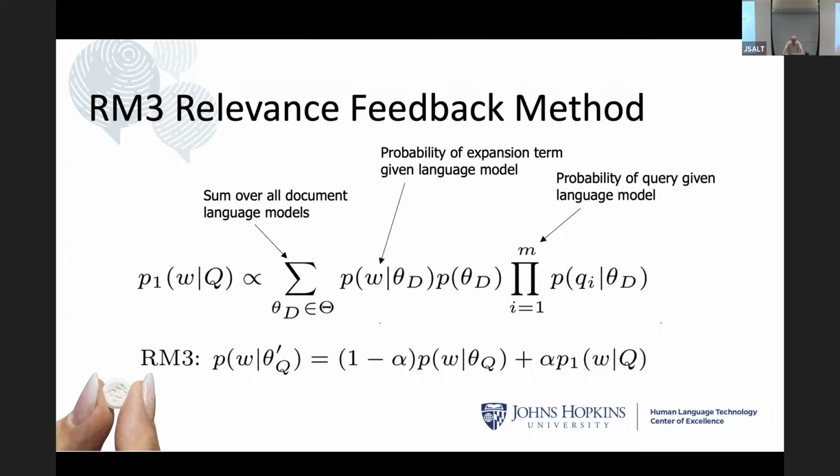And then you multiply it by the probability of the language model generating the query. So that was actually the RM1 formula. And so you take that, and that gives you a probability distribution over terms to add to the query. And then you just do a linear combination of that with your original query. And that's called RM3. That is also pretty widely used.